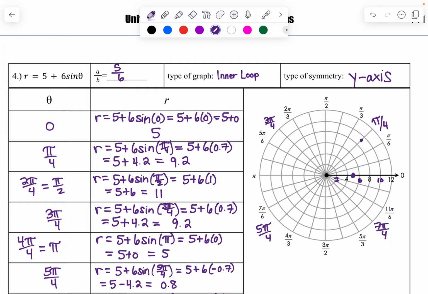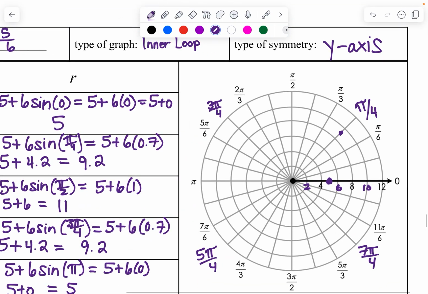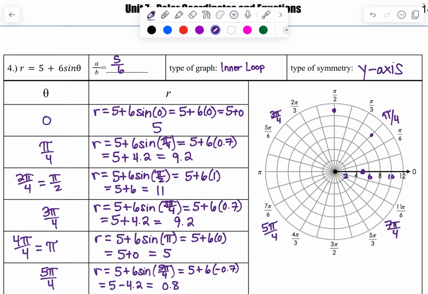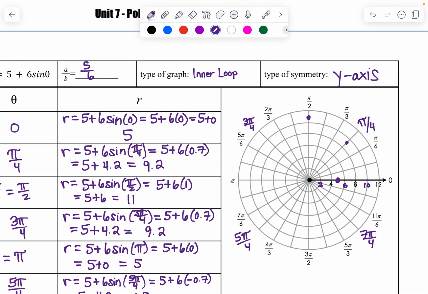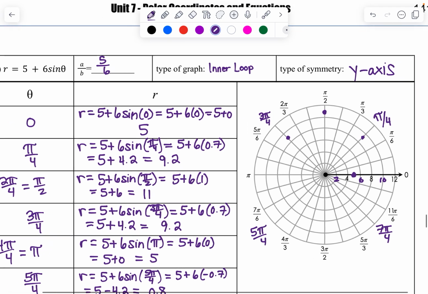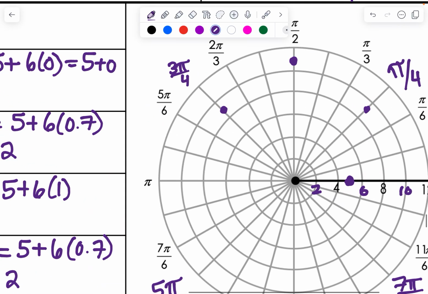And then at pi over 2, we're out at 11. At 3 pi over 4, we're back to that 9.2. Then at pi, we're over at 5 again.